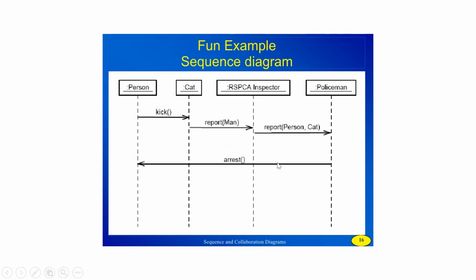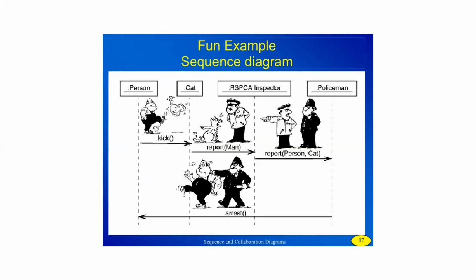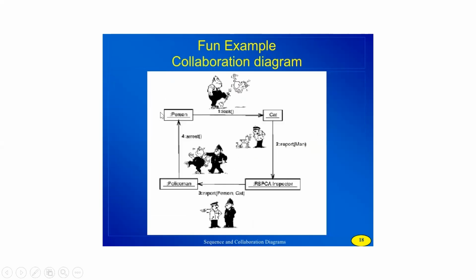If we get a collaboration diagram from this sequence diagram, this could be the example. This is just an enacted way of how things happened in sequence. So the collaboration between these objects, person, cat, inspector, and policeman, would be this way, and the numbering of the sequence of messages is mentioned between these objects, showing how things have happened, which object is connected to which, and how.